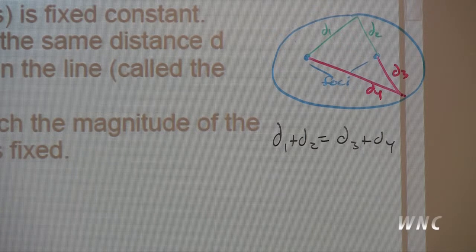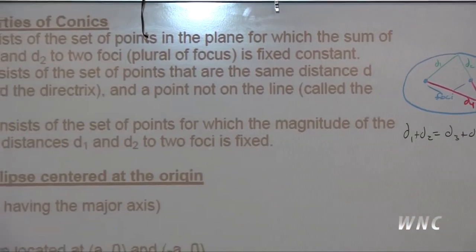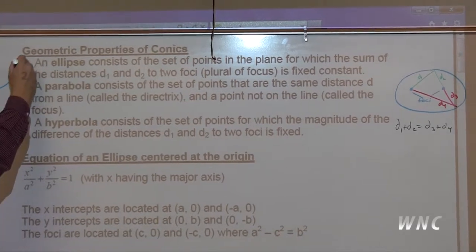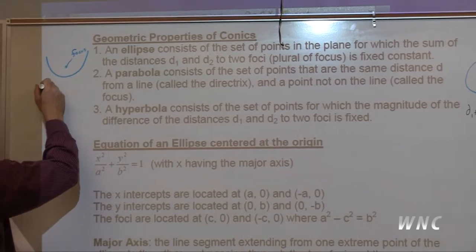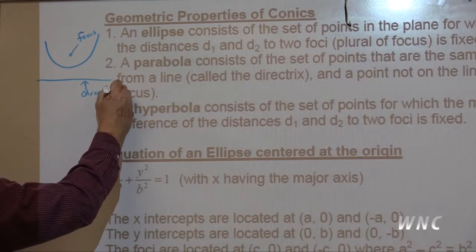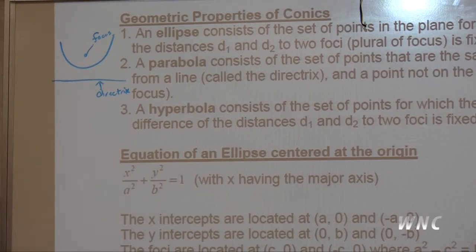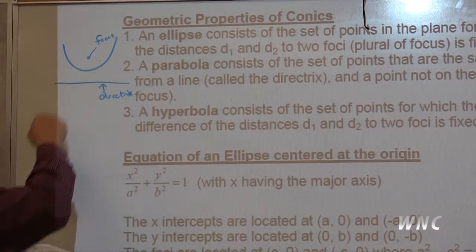And that's an ellipse. A parabola consists of the set of points that are the same distance d from a line called the directrix and a point not on the line called a focus. So here's your focus. This is the directrix. So a set of points of the same distance d from a line and the focus.